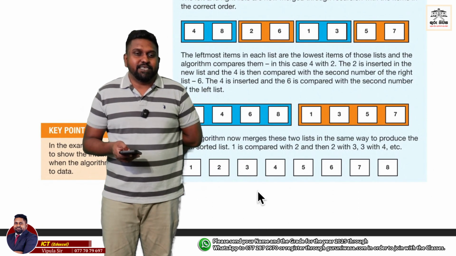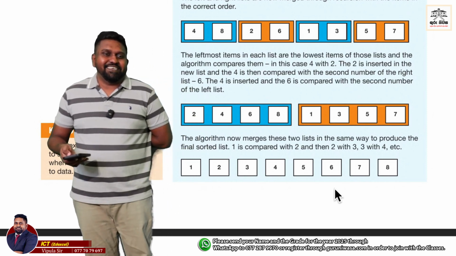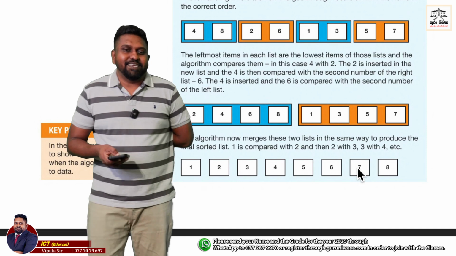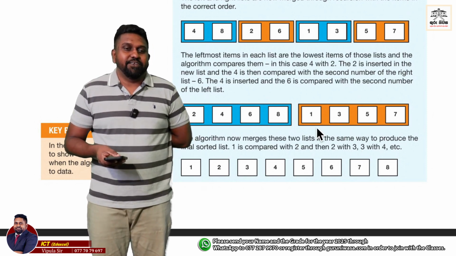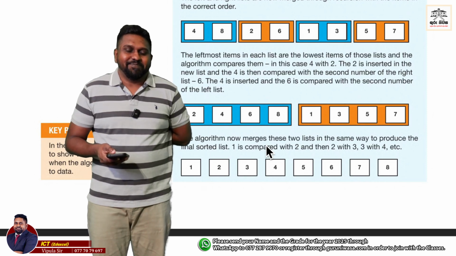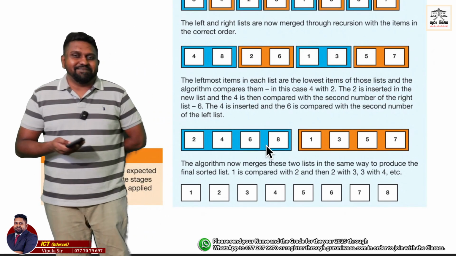When you merge it, you will again be splitting things up, and it would finally merge these two lists into a single array, so that you have one sorted list. It's a bit tricky, but that's how it works.